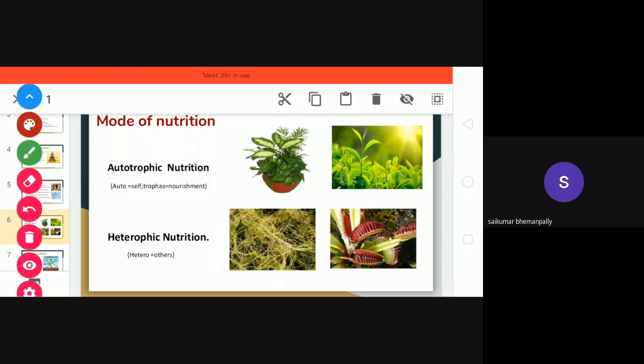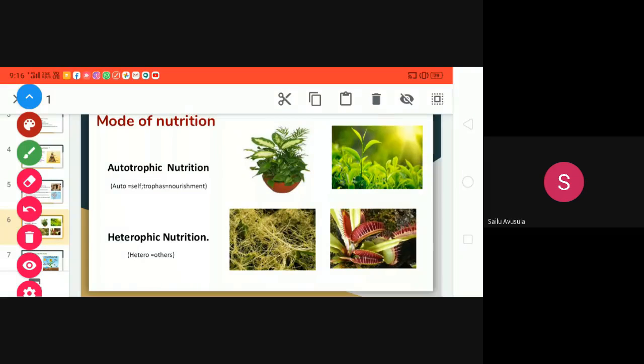Is it clear? So they do not depend on others to get nutrients. They prepare nutrients by their own. Is it clear, children?